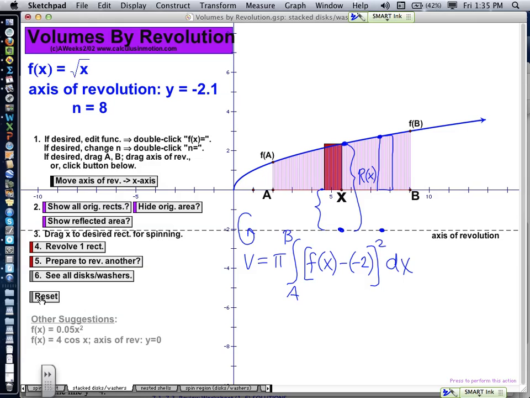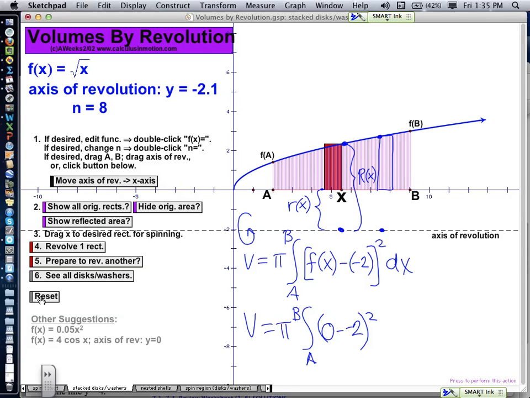So the inner radius, I'm going to call that little r of x, is for the other volume. So we have pi times the integral from A to B of 0 minus negative 2, squared, because that's the inner radius, this y-coordinate minus that y-coordinate.